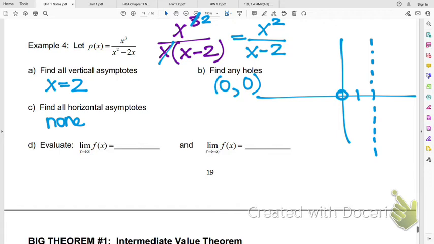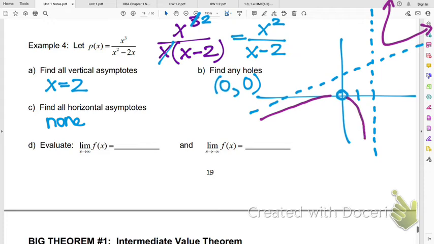But in general, it tends to go this way, and you have a branch that looks like this, and a branch that looks like this. So what do we do with the process? We plug in random numbers till you figure out where the branches are, honestly.